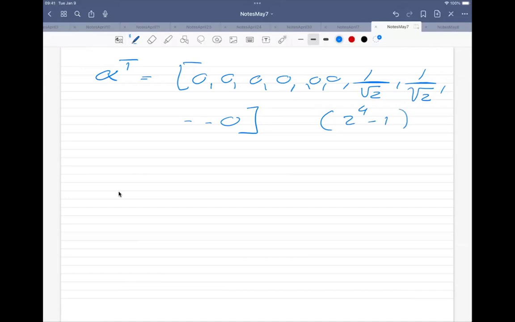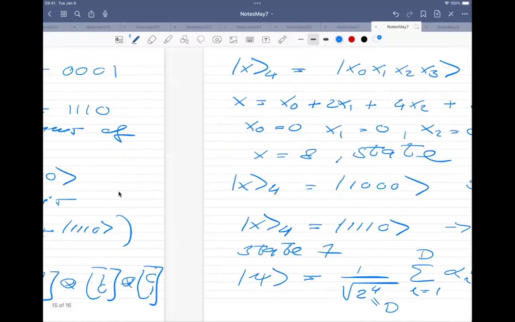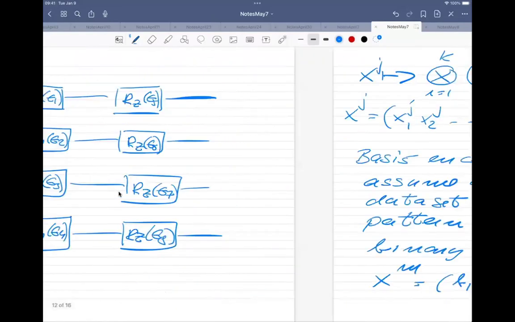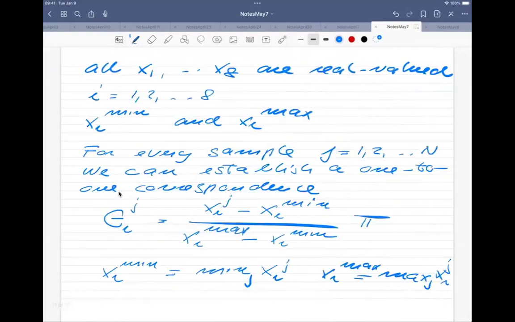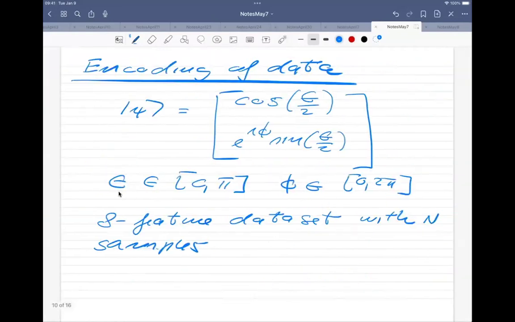So this is another way by which we can encode the information in this qubit system. And this is normally called basis encoding, and it's pretty useful if we have a kind of binary set of encoding. The other one, which is pretty common as a way to encode information, is this angle transformation, which we discussed here.